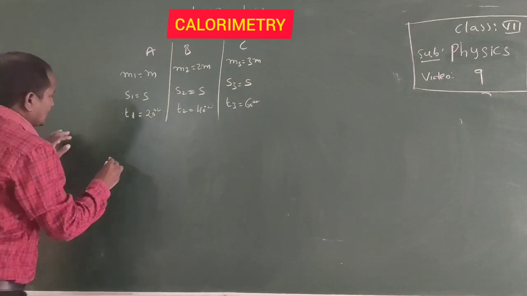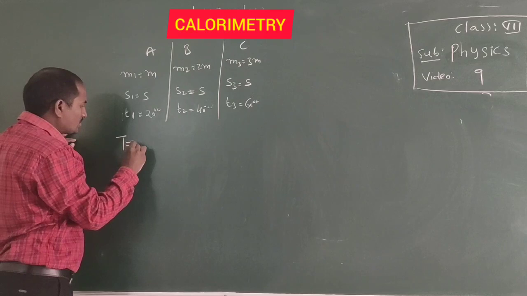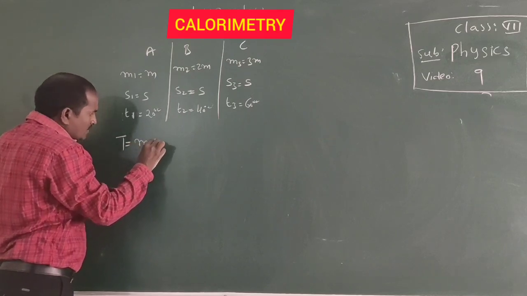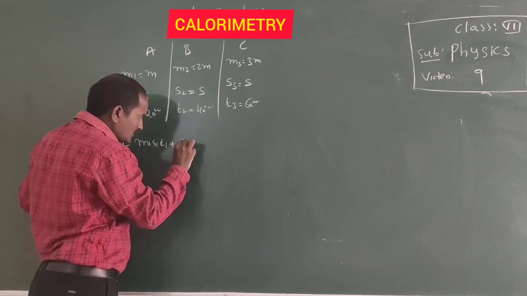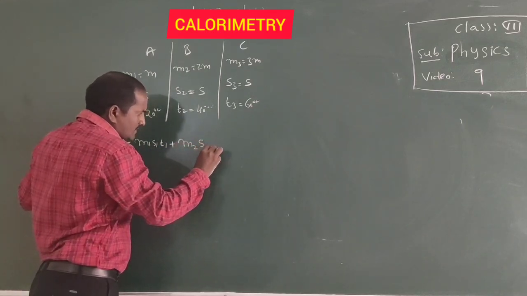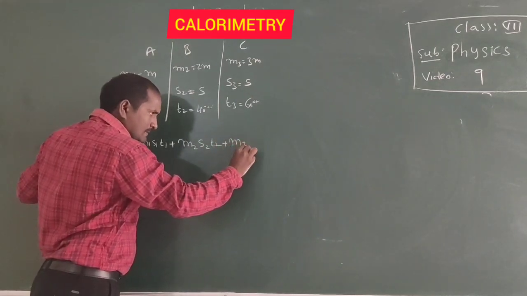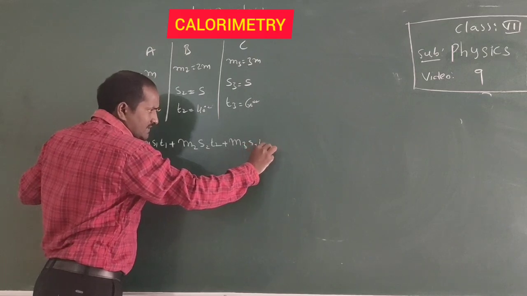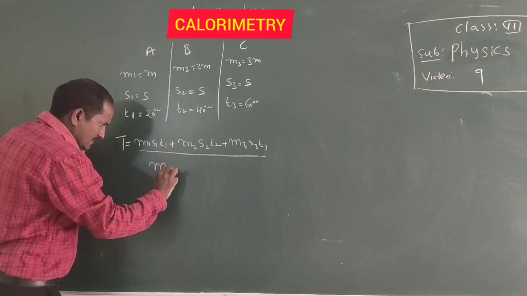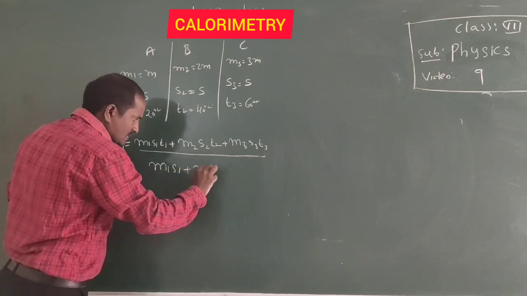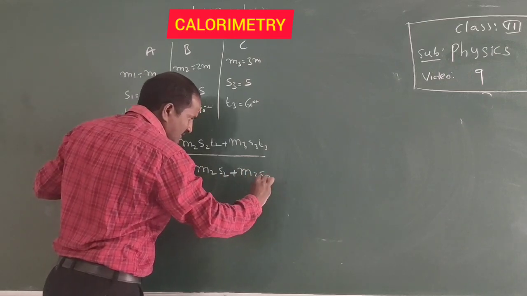So if these three liquids are mixed together, then the resultant temperature T equal to M1 S1 T1 plus M2 S2 T2 plus M3 S3 T3 by M1 S1 plus M2 S2 plus M3 S3.